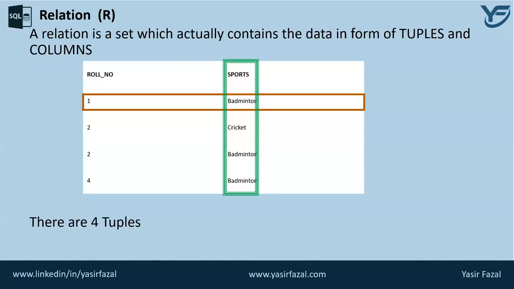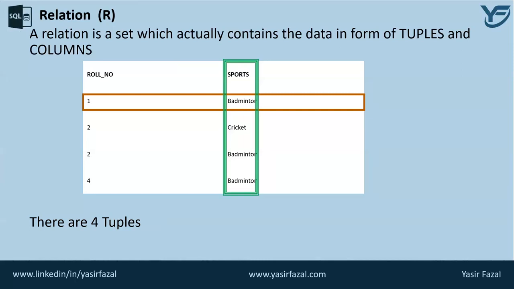You can see that there are four tuples. The first tuple contains badminton, then cricket, then badminton again, and badminton again. But the roll numbers are creating a unique pair. The first roll number is with badminton, the second is with cricket, the third has a value of second in the roll number and badminton under the sports column, and then roll number four makes a tuple with badminton, right?